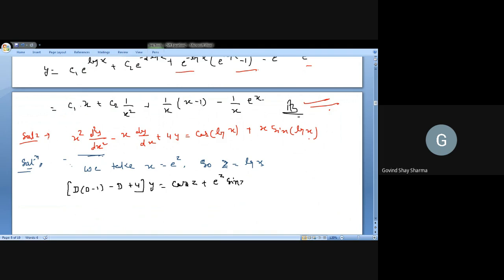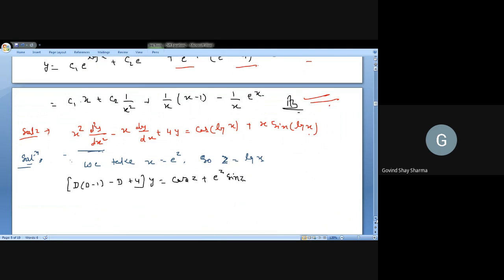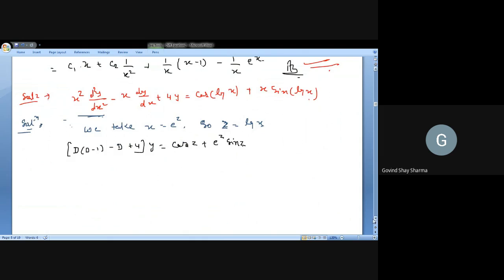This becomes our differential equation in the form of z. Now D squared minus D minus D equal to cos z plus e to power z.